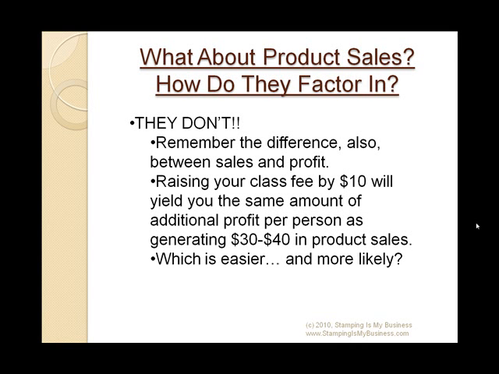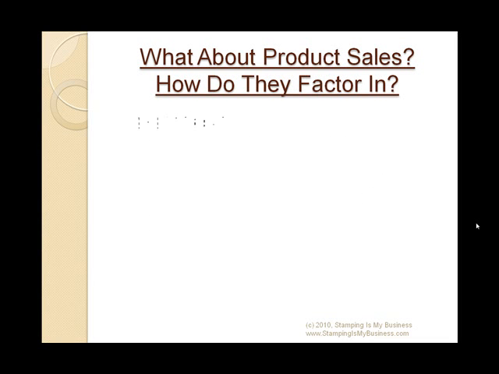So really, when you look at those two things, is it easier to raise your price by $10 to make that same amount of money, or is it easier to get an extra $30 to $40 per person in product sales? Obviously, raising your class fee. Again, you make your profit on class fees. You make your product sales on workshops and phone calls. There's no shortcut to that.